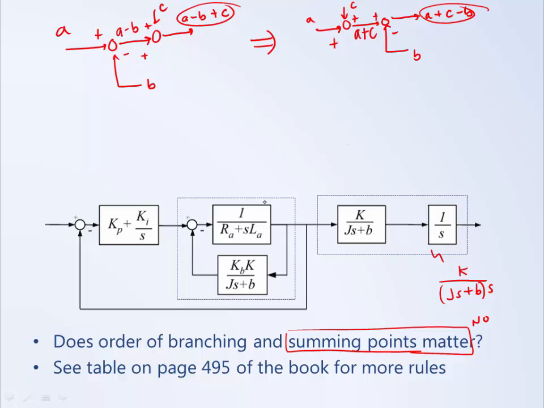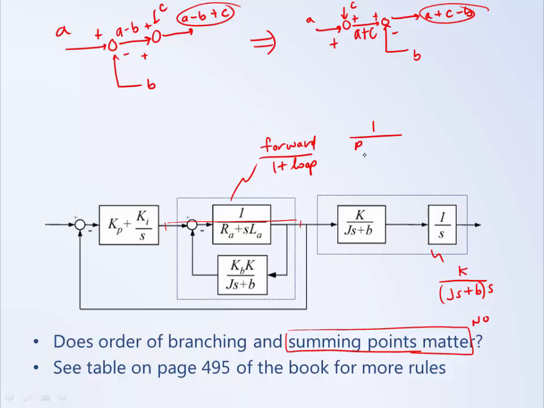Here we have a negative feedback loop, and so again think about what the rule for that is. Well, the rule that we use is forward over 1 plus loop. So if this is our input and this is our output, and we look at the negative feedback loop, the forward path has just this block in it.